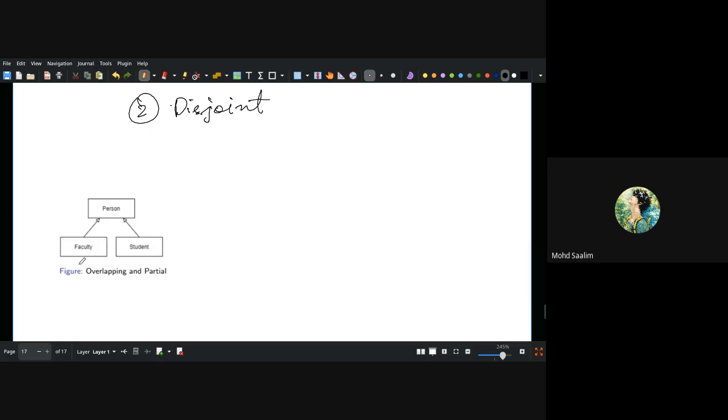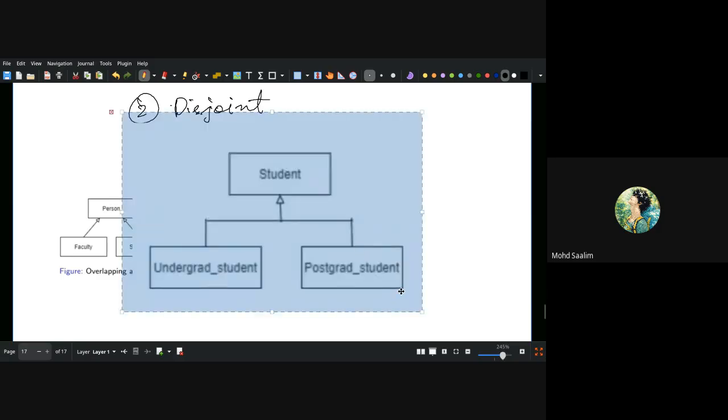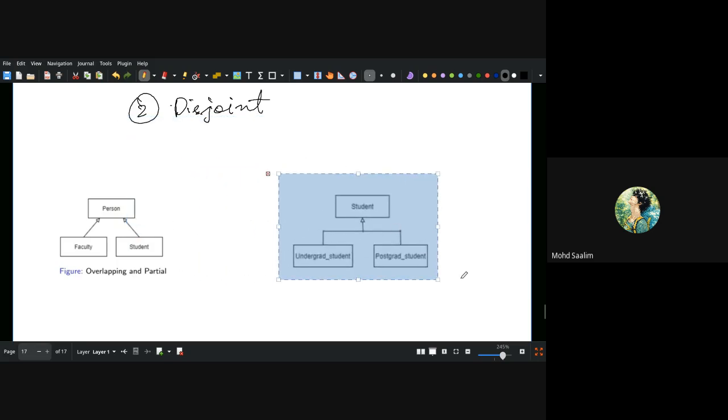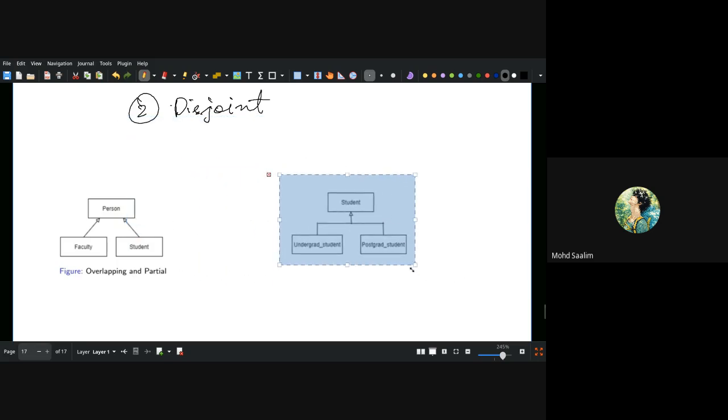It is saying that faculty is a type of person, student is a type of person, just that. Okay, but when we are talking about disjoint specialization, it is written like this, and it is saying a slightly different thing.